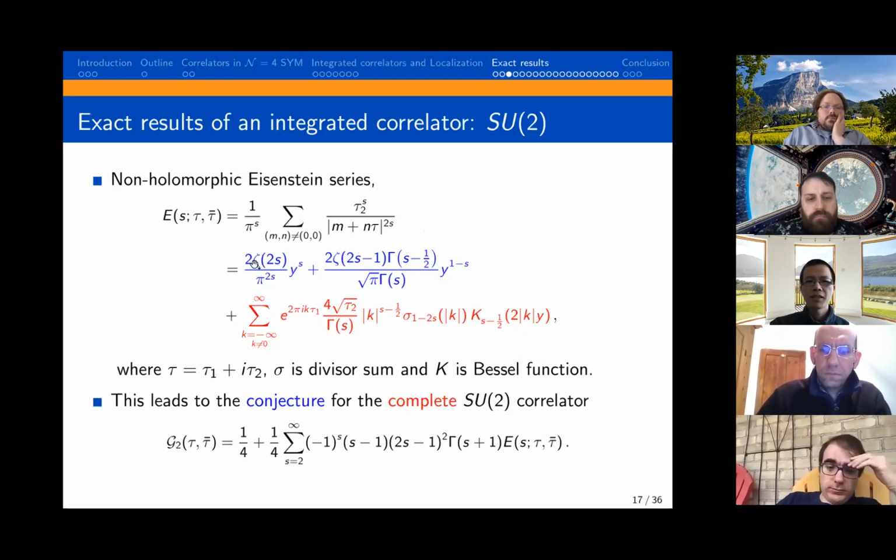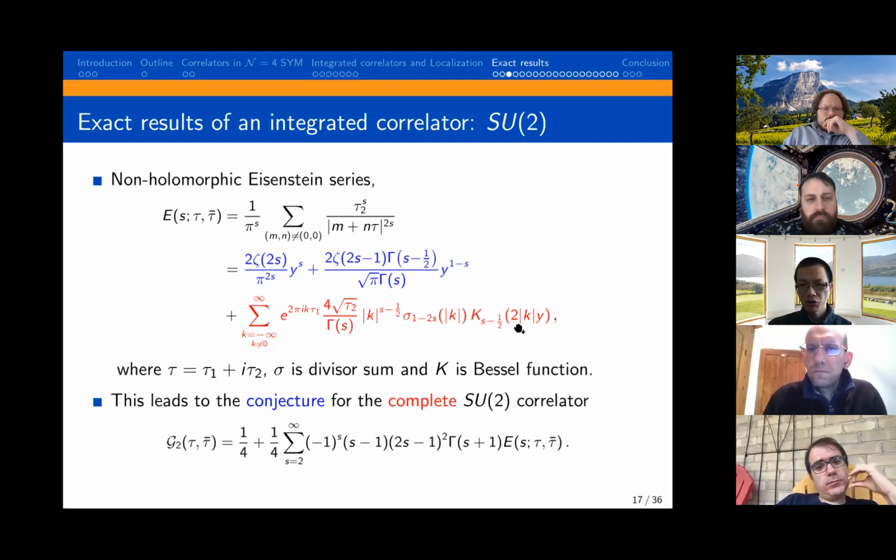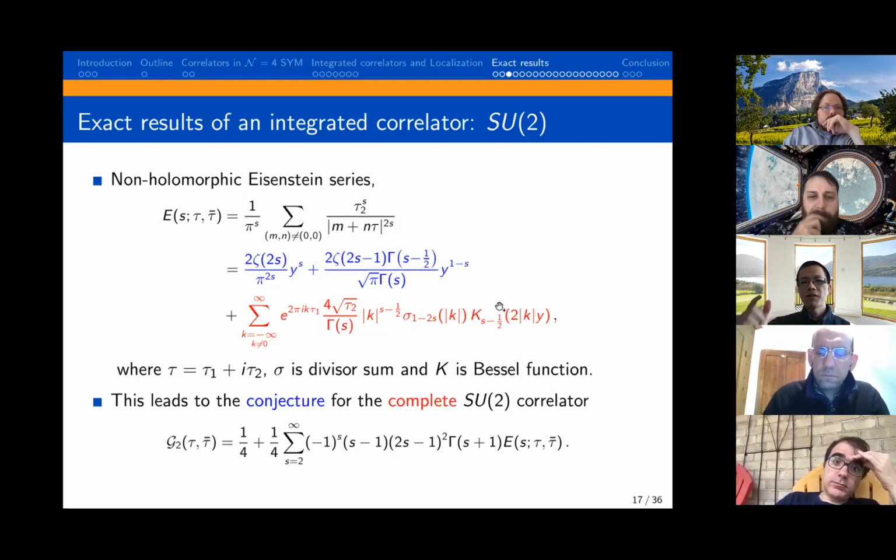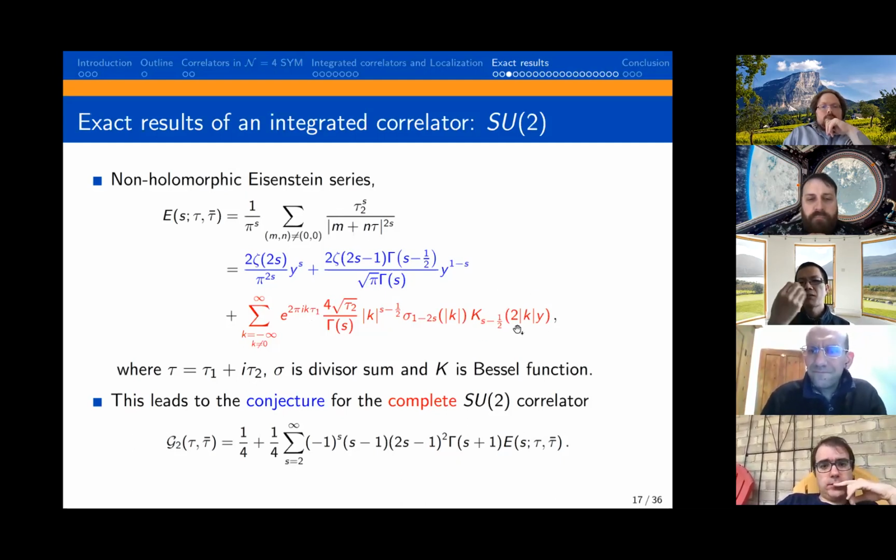This term relates to the perturbative term, the zero mode, and this part is the k-instanton contribution. Here the capital K is the Bessel K function, which behaves exponentially, and that's precisely how the instanton behaves.